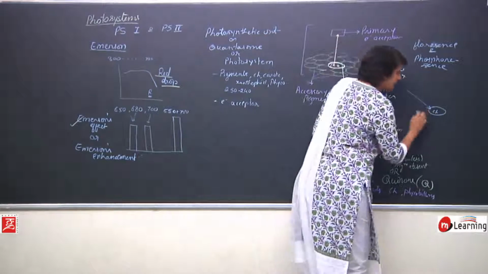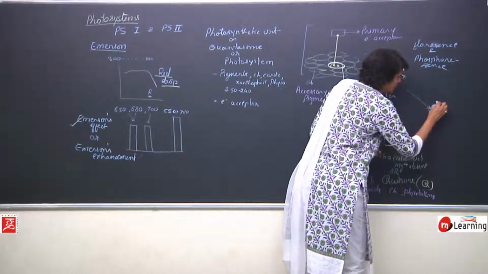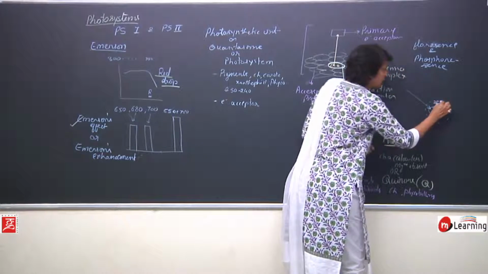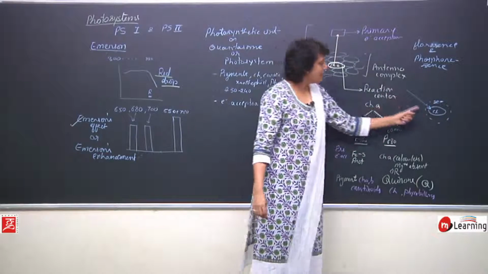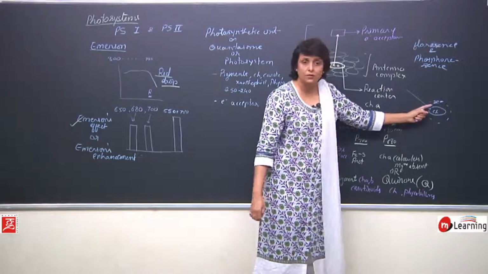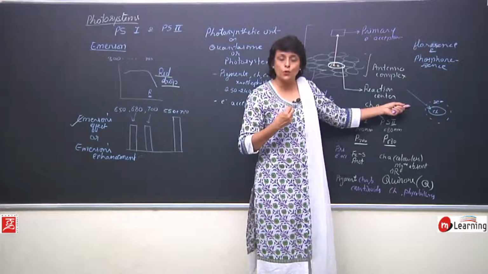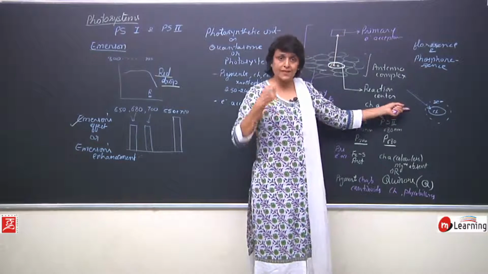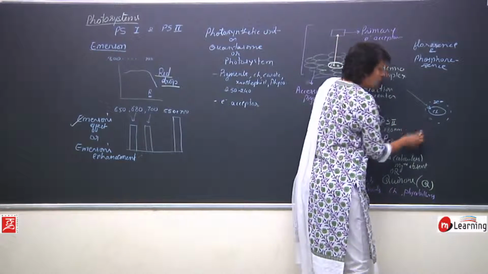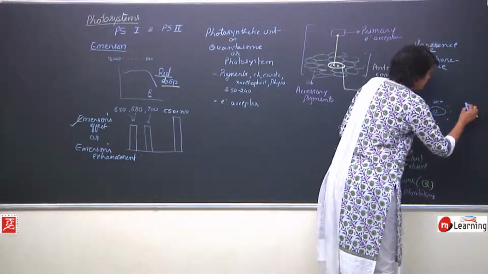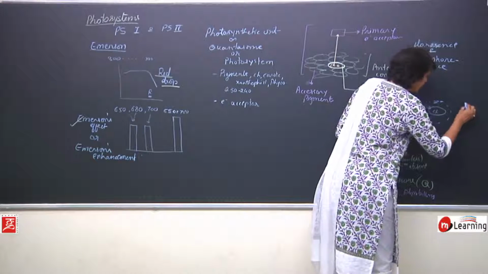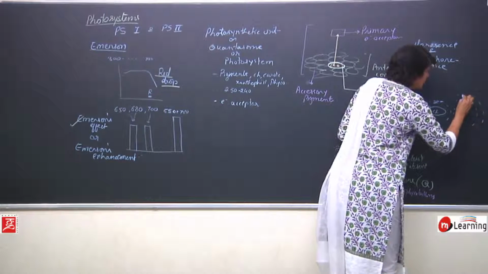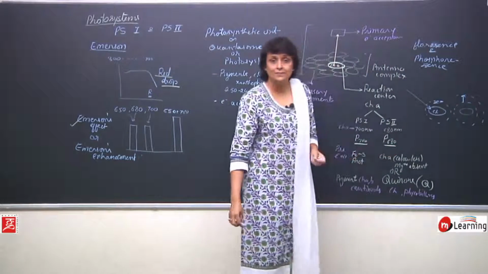So, suppose we talk about this chlorophyll and it has its shell, and here there are two electrons. When light falls on these electrons, they absorb these photons and they get excited. The amount of energy increases. So, from this original ground state, these electrons move to the higher level.